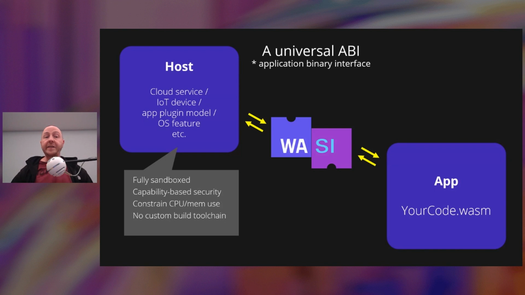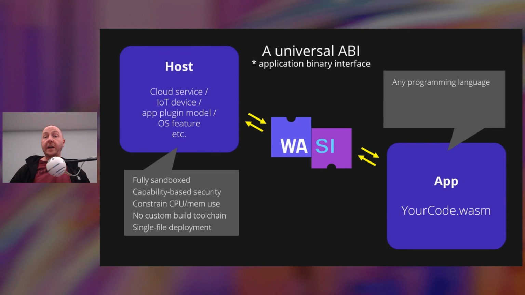It also means that the people building the host don't need to create another custom build toolchain just for that host, because in fact, they can just let you deploy any single Wasm file that you've created using any technology that can do that. And then on the application side of this equation, the benefits include that you can use any programming language at all, as long as it compiles to WebAssembly, which is most of them these days.